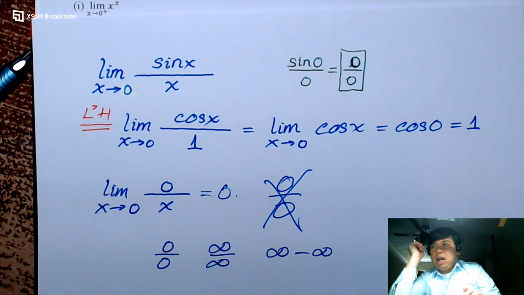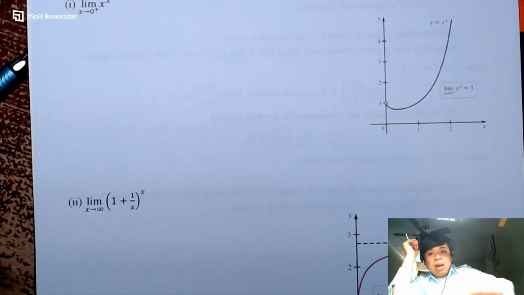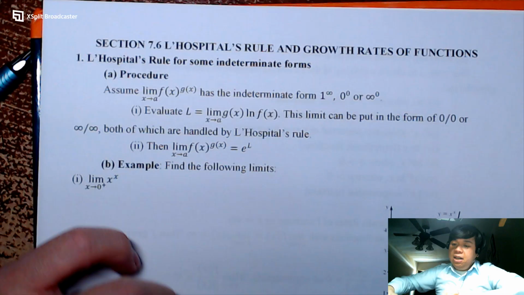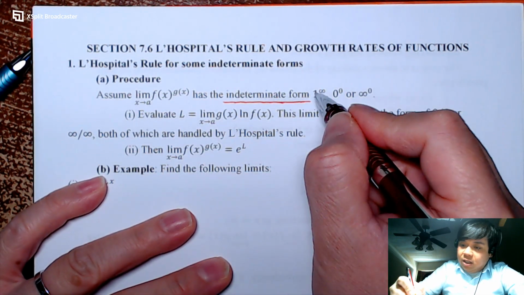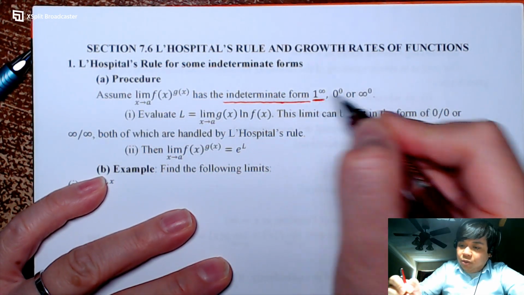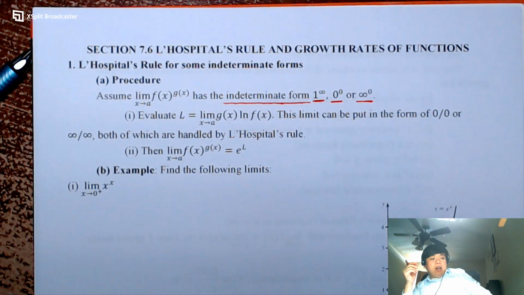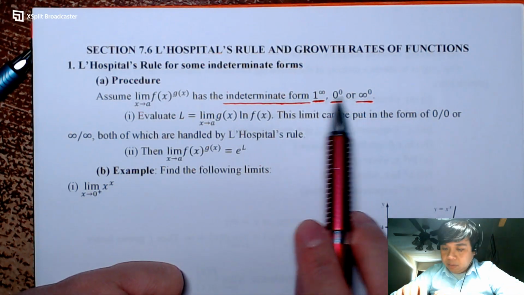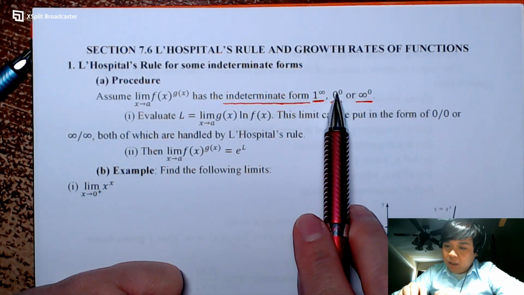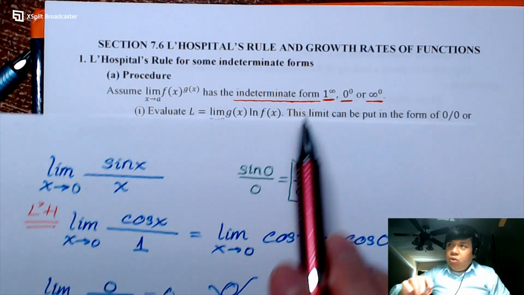Those are the indeterminate forms. In case 2, the indeterminate forms are 1 to infinity, 0 to 0, and infinity to 0. What they all have in common is that they have the form of a power, something to an exponent, right? So different from those in case 1. Okay, so it is 1 to infinity.